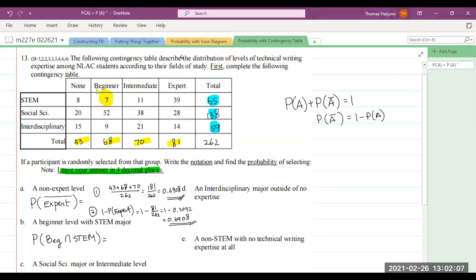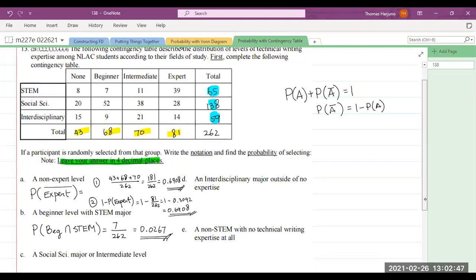There are 7 of them. 7 out of 262. So this will be 7 over 262. That is 0.02671. So to 4 decimal places, I stop there.